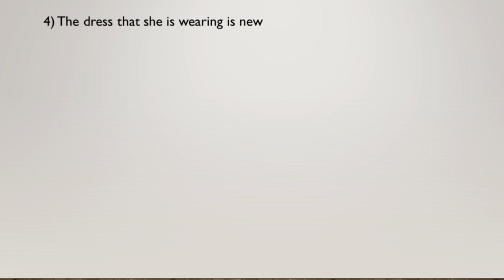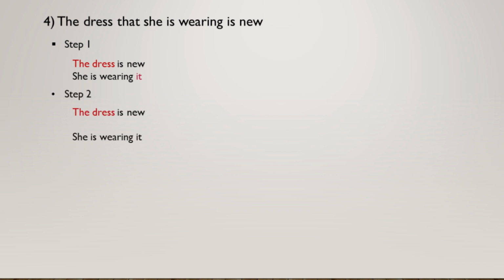Next example. The dress that she is wearing is new. The first step is to take two simple sentences that talk about the same noun. The dress is new, she is wearing it. In the second sentence, she is wearing it, the word it refers to the dress.